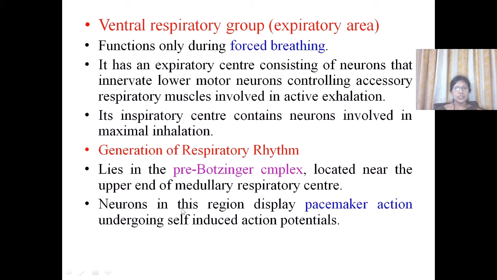The neurons present in this region display pacemaker action, undergoing self-induced action potentials similar to the sinoatrial node in the heart. So the synaptic potentials from this center will stimulate the DRG to show the inspiration.